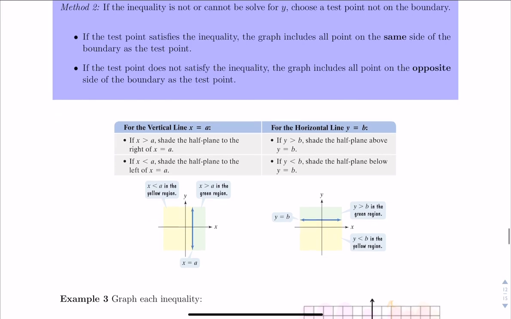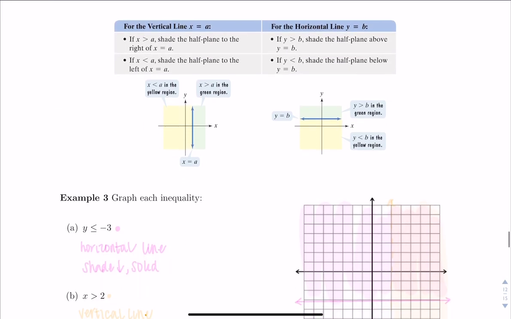For the vertical line x equals a, if x is greater than a, we will shade to the right of our vertical line, and if it's less than a, we will shade to the left. For horizontal lines, if y is greater than b, we'll shade above our horizontal line, and if y is less than b, we shade below.